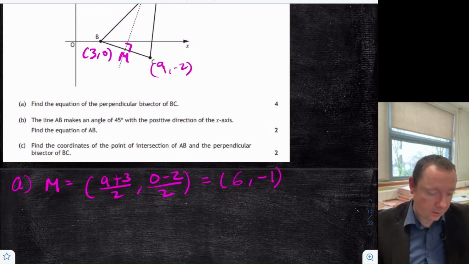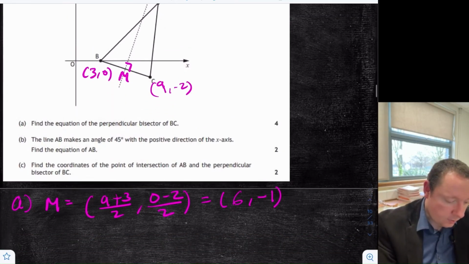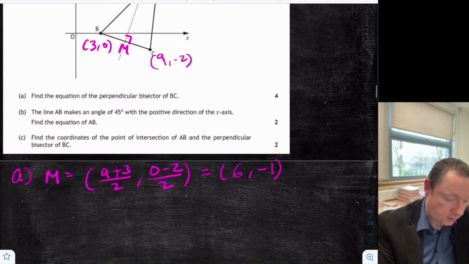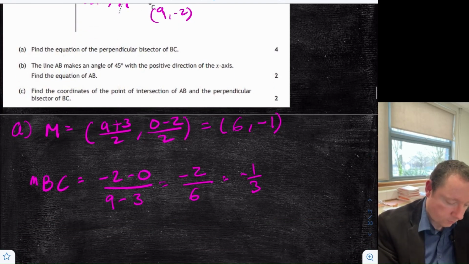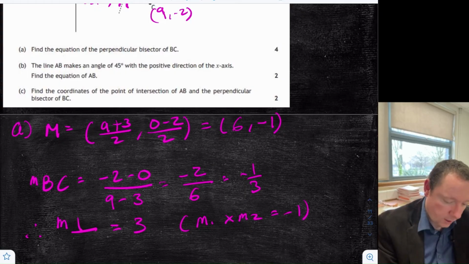We now need the gradient of BC. Then use perpendicular gradients. So the gradient of BC is equal to minus 2 take away 0 over 9 take away 3. That's minus 2 over 6, which is minus a third. So therefore, the gradient of our perpendicular is equal to 3. m1 times m2 equals minus 1.